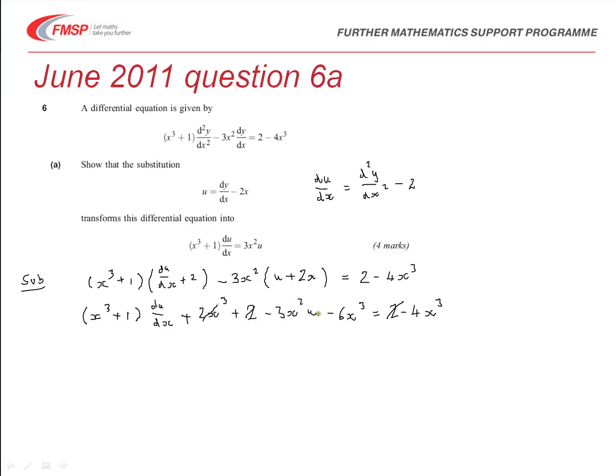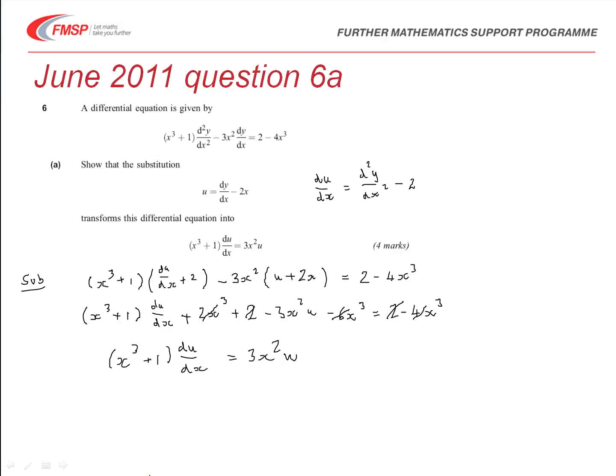So again, those will cancel out, and all we're left with is the x cubed plus 1 times du by dx, and we've got a minus 3x squared u, so if we take that across to the other side, that becomes plus 3x squared u, which is the required answer.